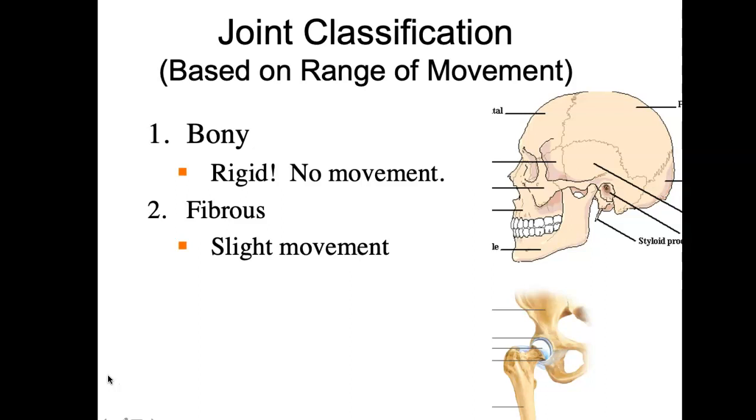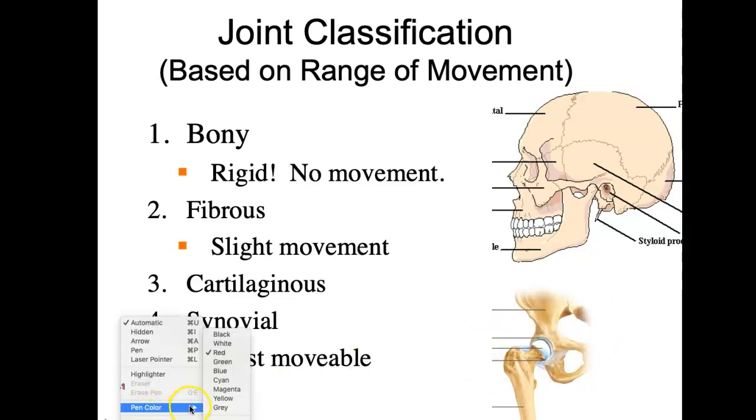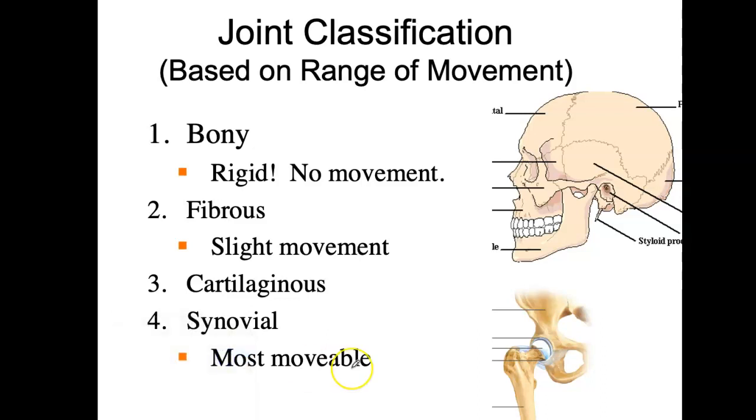I'm going to give you examples of all of these. So this is just a general overview, and then we'll come back. Very little movement. Cartilaginous would have cartilage on there, and then a synovial joint, which is shown down below here with the hip and the ball and socket, which is the most amazing of joints because it's able to move in so many directions. Very cool.